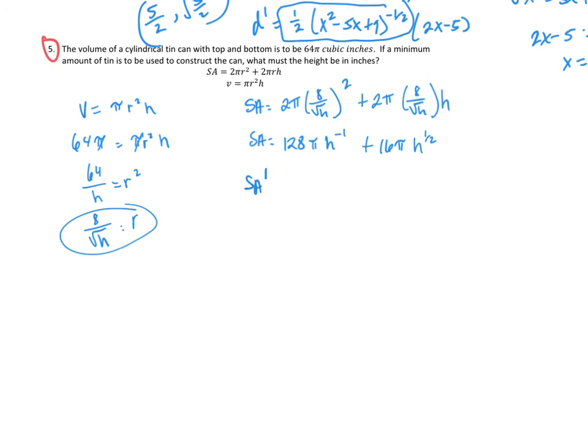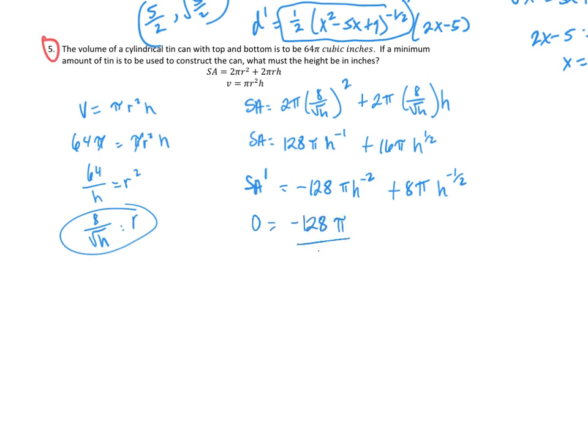So surface area prime is negative 128 pi h to the negative second plus 8 pi h to the negative 1/2. Okay, awesome. So when I'm deriving, I want everything in the numerator, negatives, rational exponents. When I'm solving now, for me, it's easier to think about things as fractions.